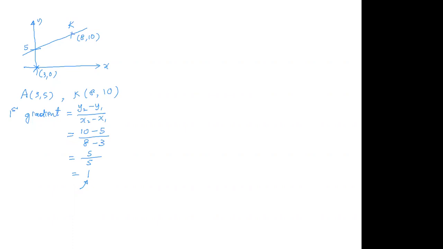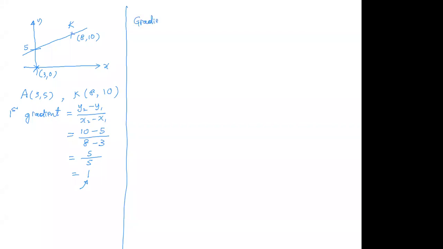So look, when we have gradient, that means we are talking about the relationship between y and x. When x changes, what happened to y? That is the meaning of gradient. So better take note of this. In this course, you have to know the meaning of each word that you are using.